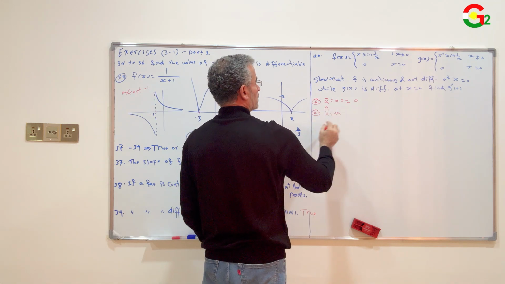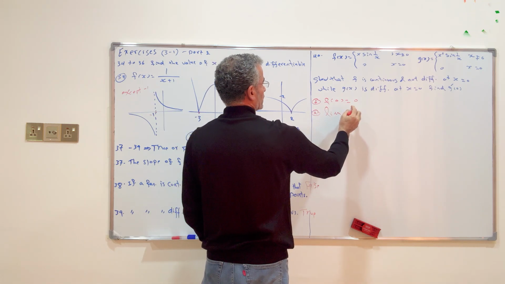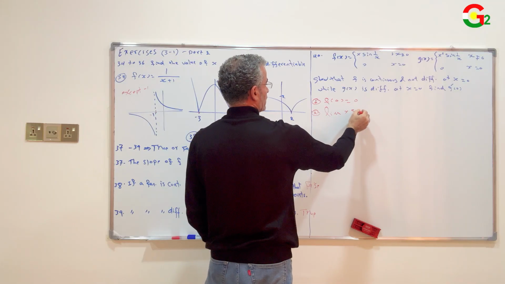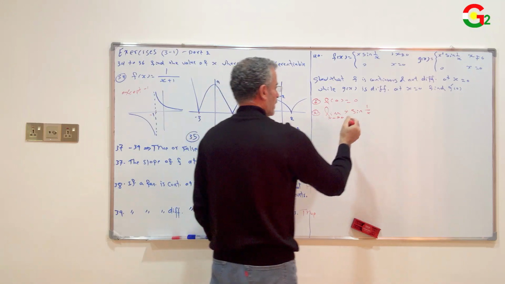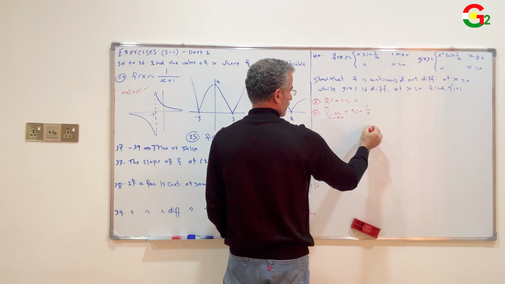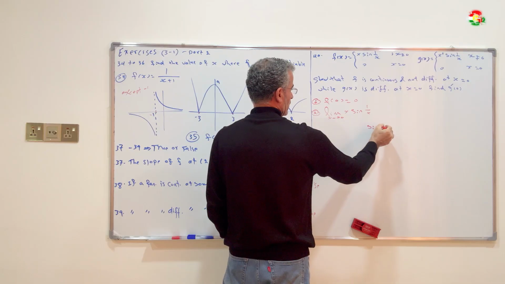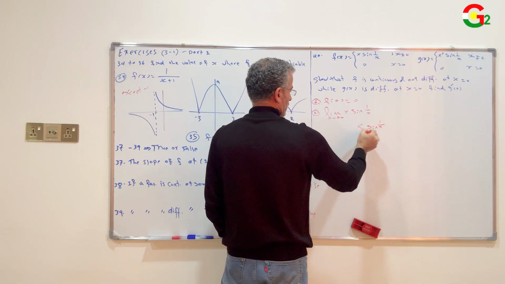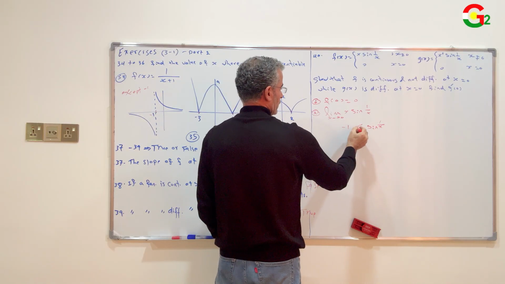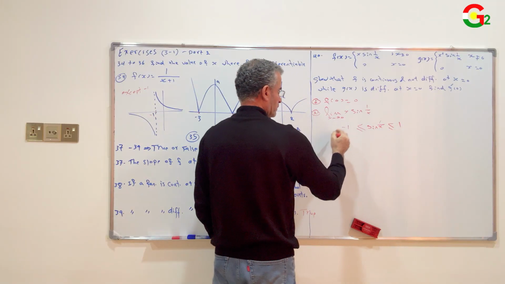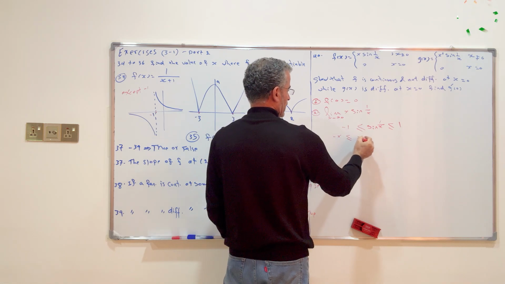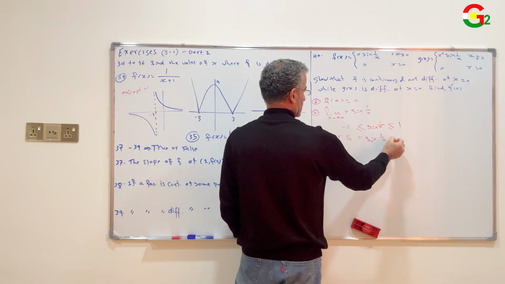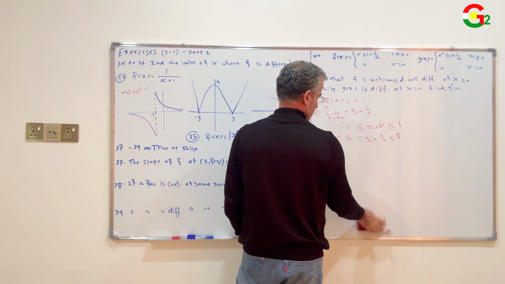The second condition, the limit of x sine 1 over x when x approaches 0. We can use the squeeze theorem, since sine 1 over x is between -1 and 1. Multiply all sides by x: negative x is less than or equal to x sine 1 over x, which is less than or equal to x.